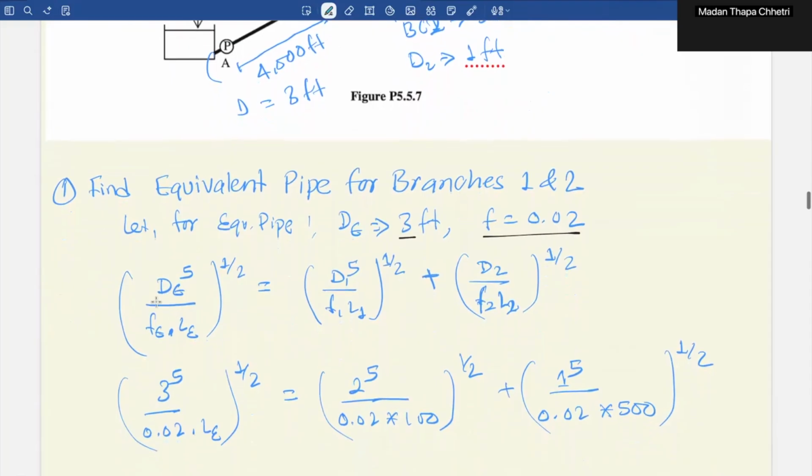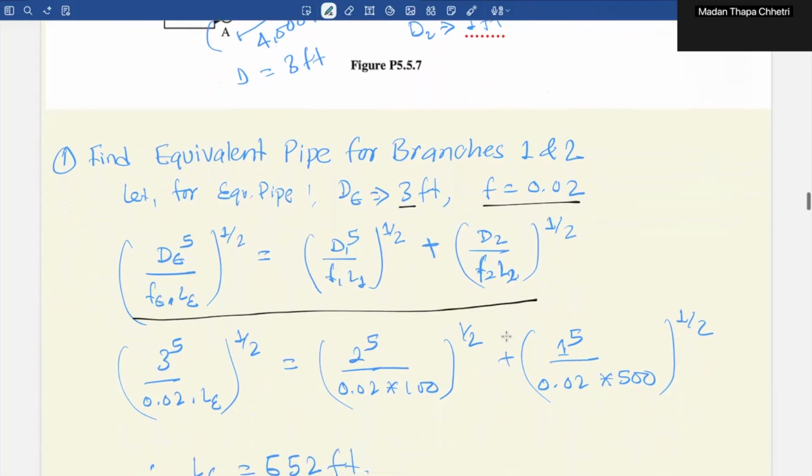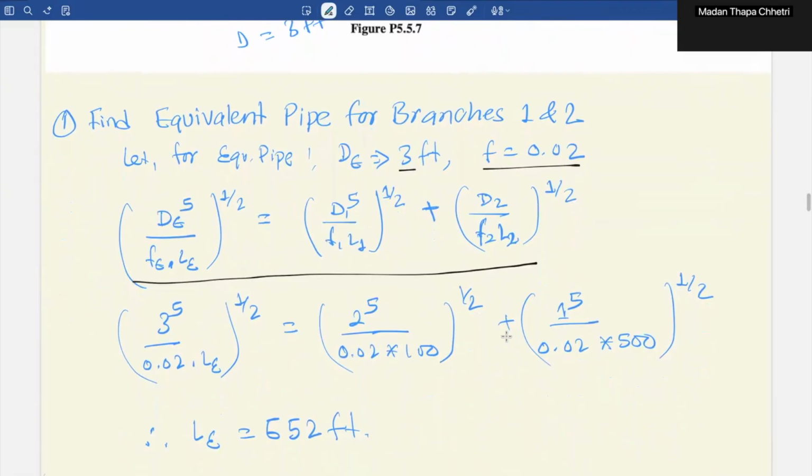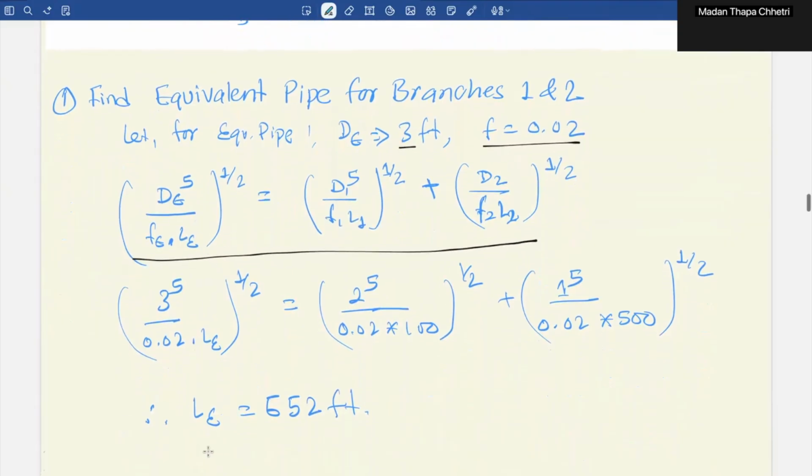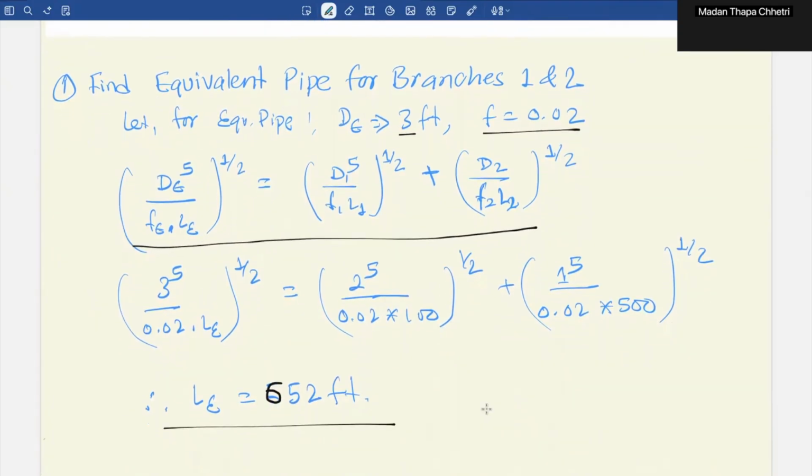We will be using this formula for the equivalent pipe: it is equal to the square root of DE to the power 5 divided by FE times LE. From this, our main intention is to compute the equivalent length of the equivalent pipe. That gives us 652 feet when we solve that.